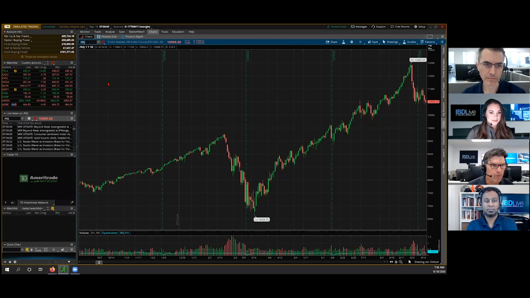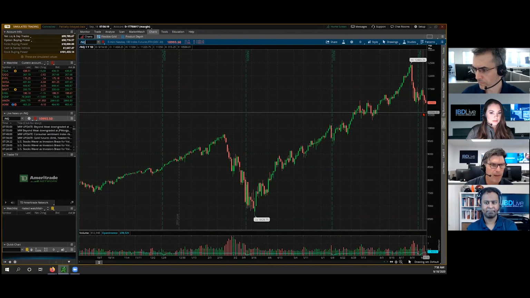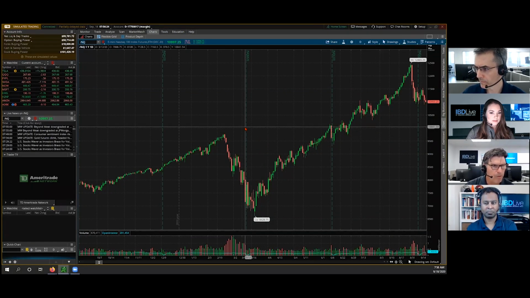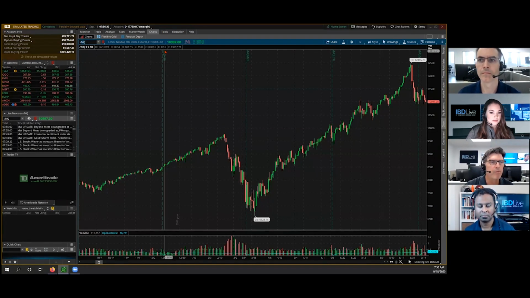This is why I've said before that futures are very powerful as a hedging tool, but if you're going to trade them as position trades, you have to be really, really careful, because this is 20 times the Nasdaq. At 11,000, you're talking $220,000 of market exposure to the Nasdaq with one contract. So be very, very careful.